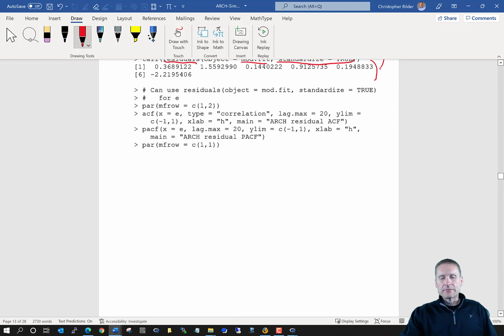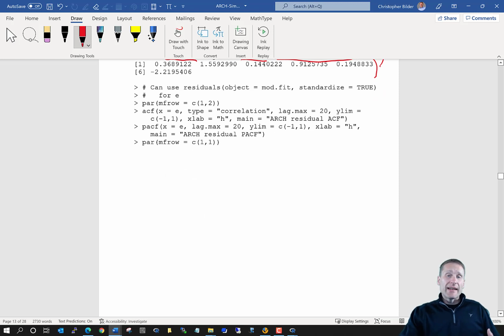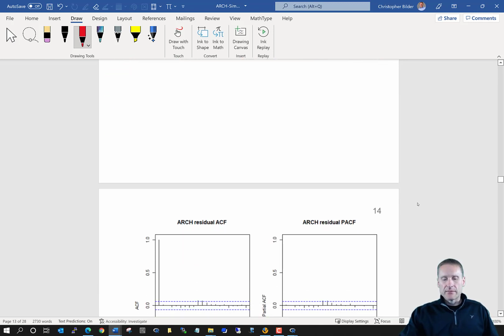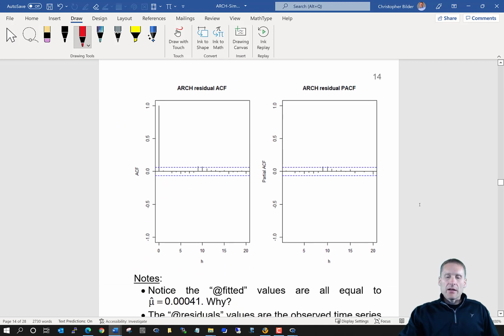Okay. Now let's do an ACF and PACF plot of the residuals, similar to how we've done these kinds of plots before for a regular ARIMA model. If I look at the ACF and PACF plot of these particular kinds of residuals, this is what I get. Notice no significant values.